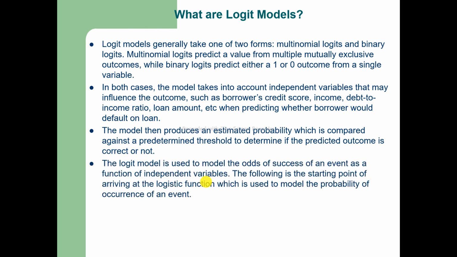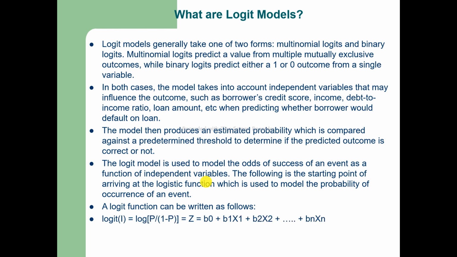The Logit model is used to model the odds of success of an event as a function of independent variables, and the following is the starting point of arriving at the logistic function used to model the probability of an event occurring. This function can be written as follows: the logit, which is the log of the odds ratio, is equal to Z, which is a linear combination of the independent variables.